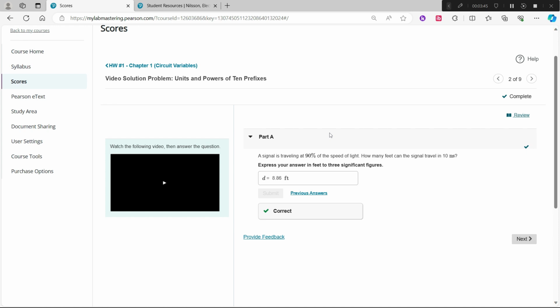So the speed of light is 299,792,458. That's the speed of light.